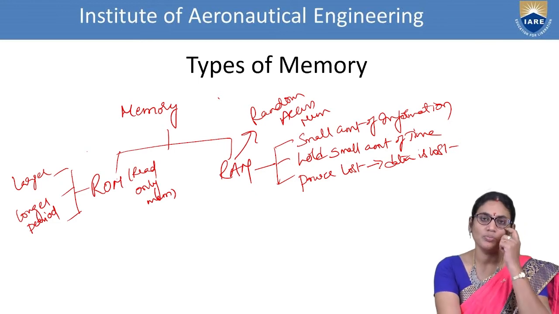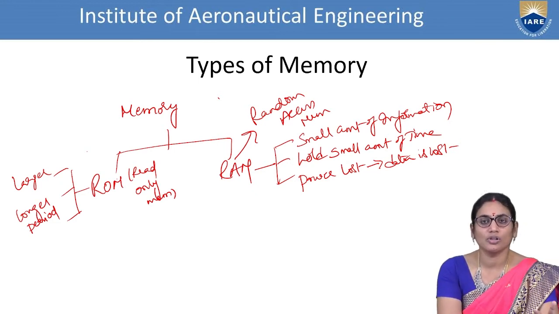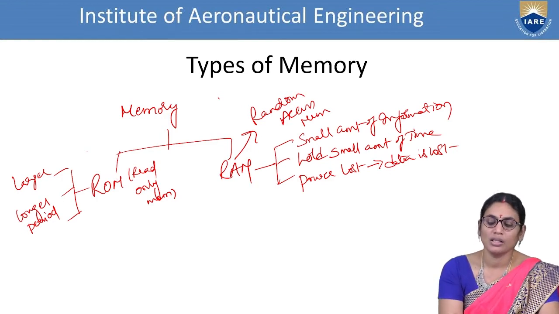So when it comes to ROM, data is held for longer periods and it can handle a larger amount of information. And the third case is, in RAM, once power is lost, data will be lost, but in ROM this is vice versa, that means the reverse order. So data will not be lost.